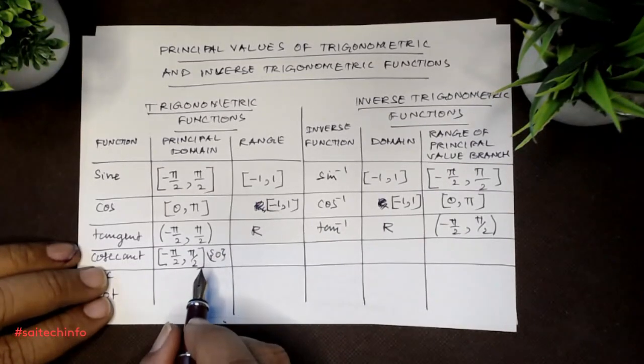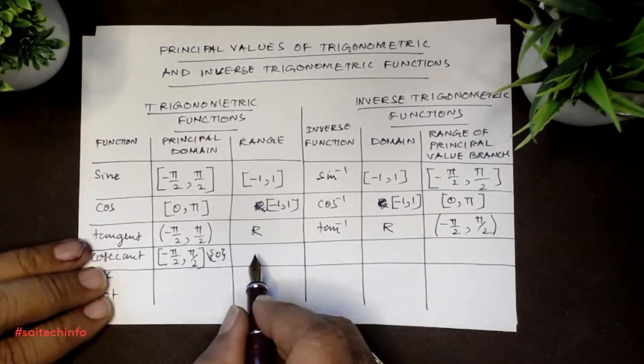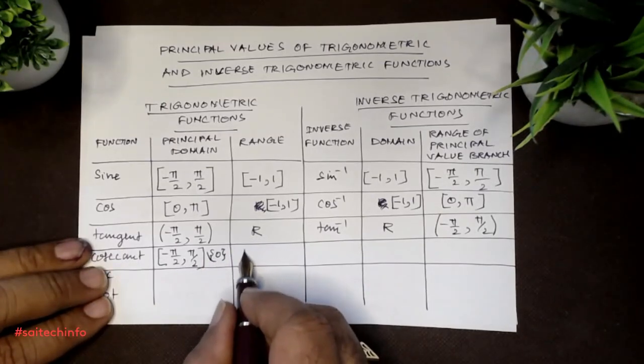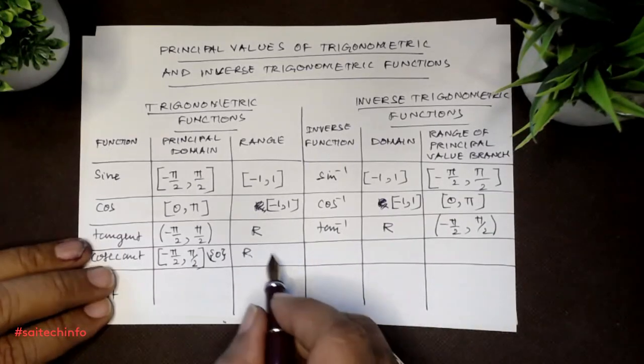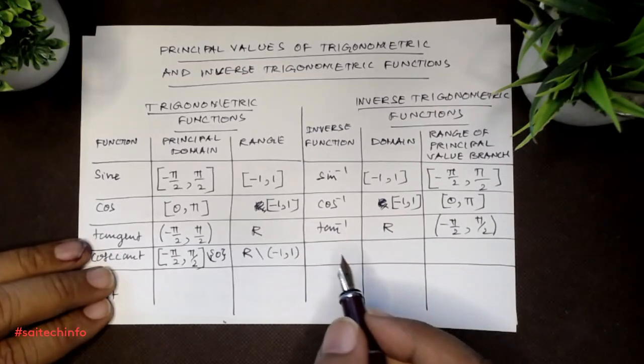Okay, so 0 is not included. And here for cosecant, the range is a real number excluding minus 1 and 1 in the open interval.